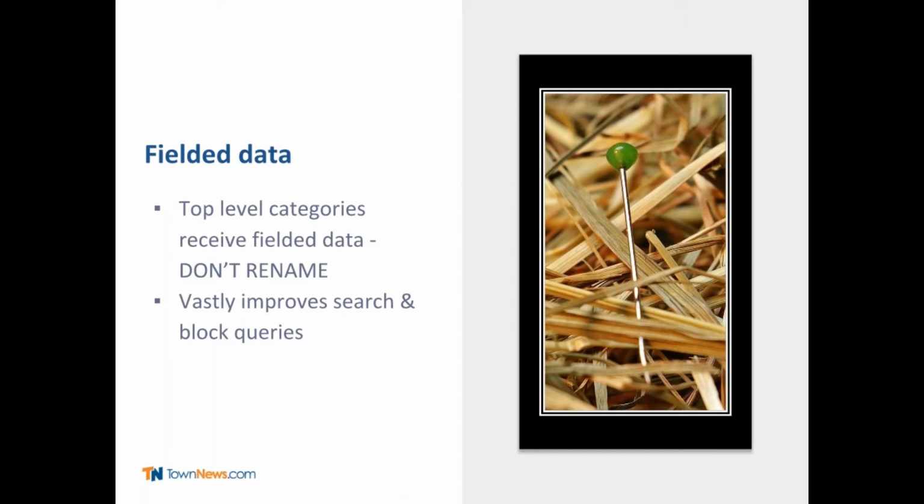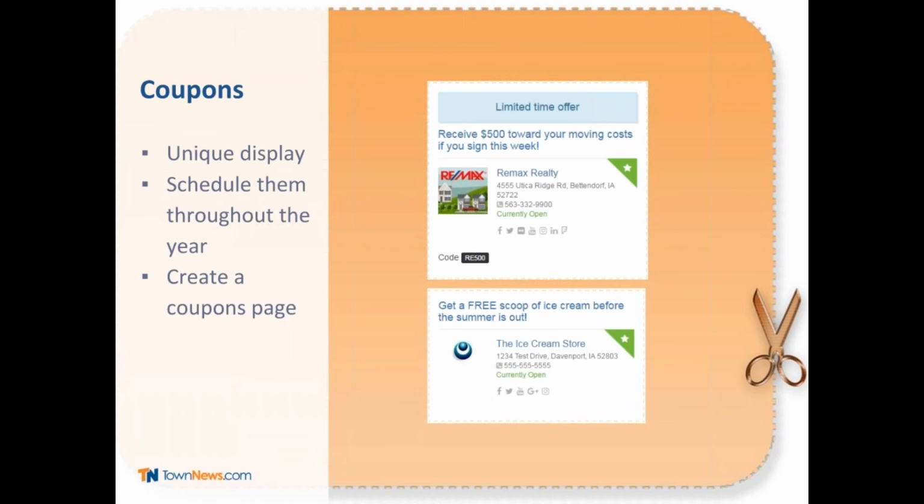top level. In addition to that, as a courtesy reminder, I wanted to bring up an additional asset type, which I'm not sure if you're using, or I don't see a whole lot of usage out of it, but coupons is another asset that's available to everyone right now with classifieds.